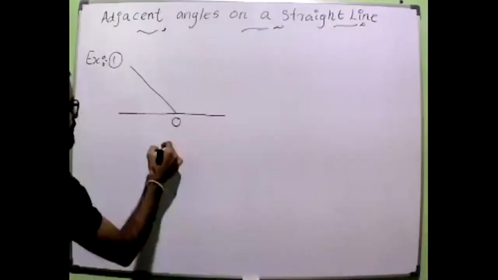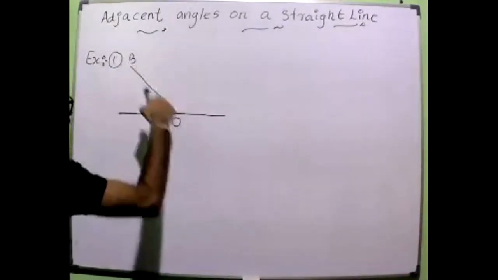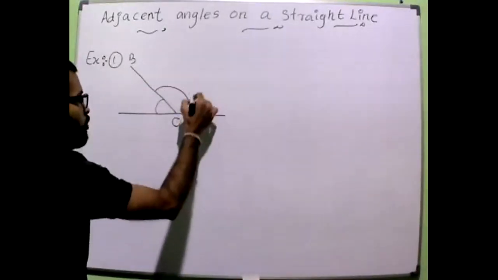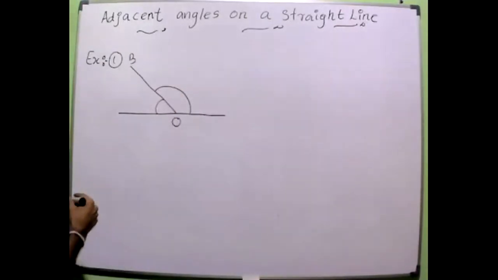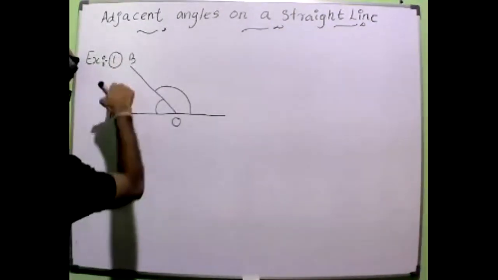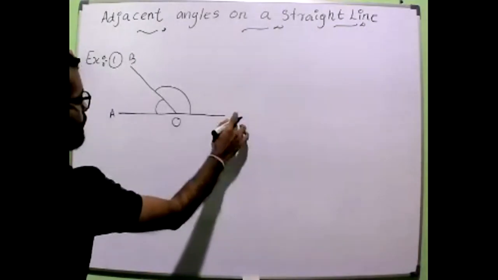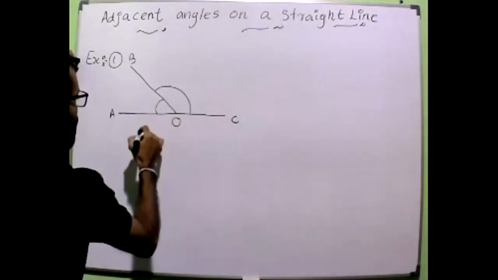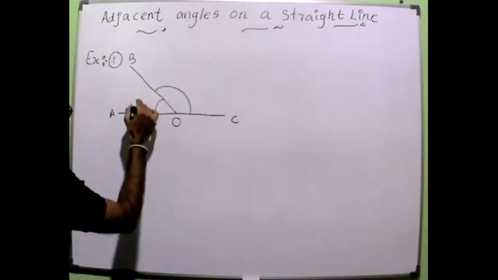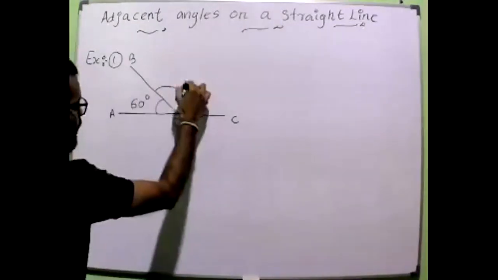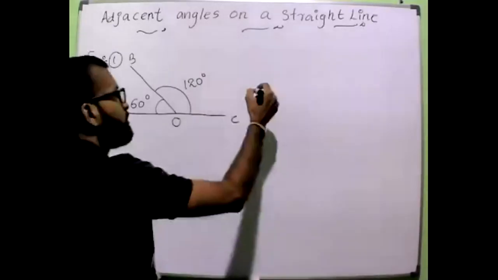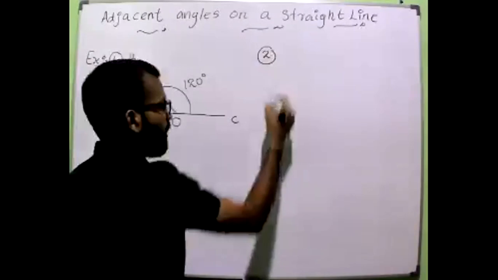This is the common vertex, and this is the common arm, and these are my two adjacent angles. A, B, C. Now I will say this one is 60 degrees. This one is 120 degrees. Likewise, I will do the second one as well.